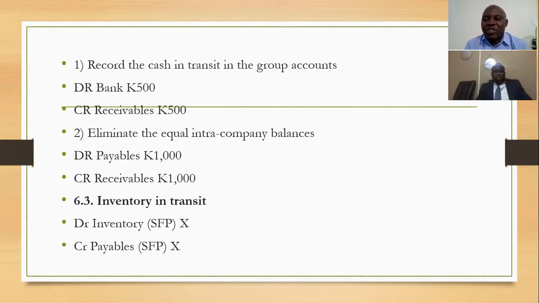So, going to inventory, similar principle as cash in transit. You have inventory in transit. You expect inventory from the parent company, for example. As long as you haven't received it, you still show that it is a payable.